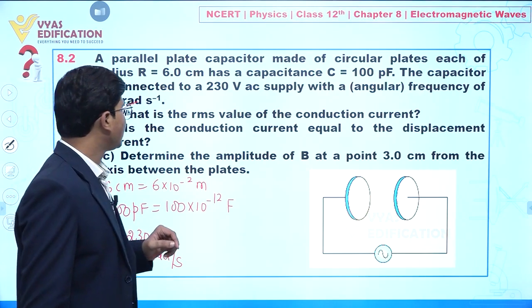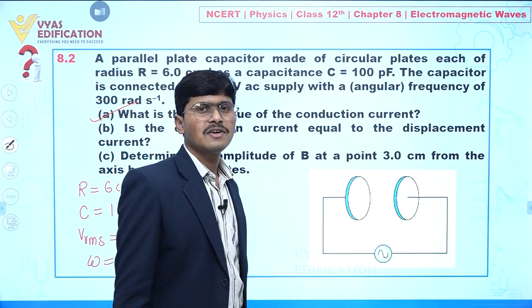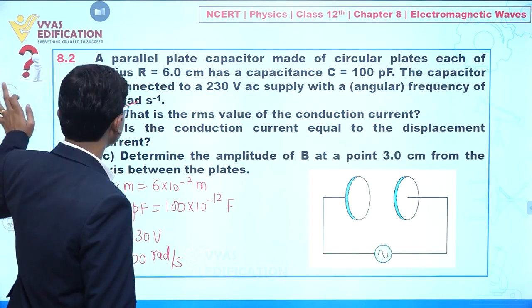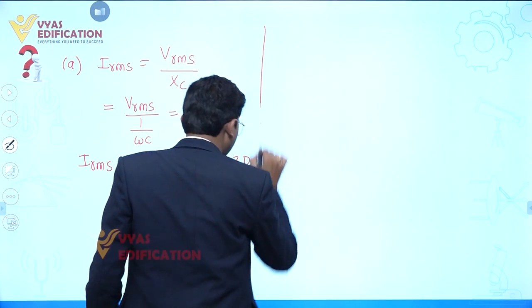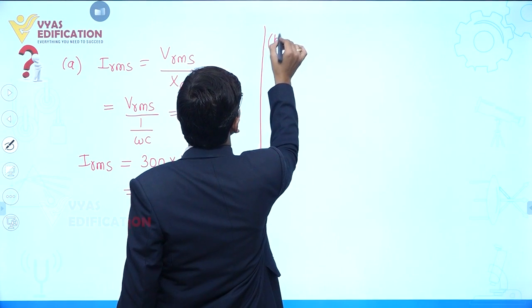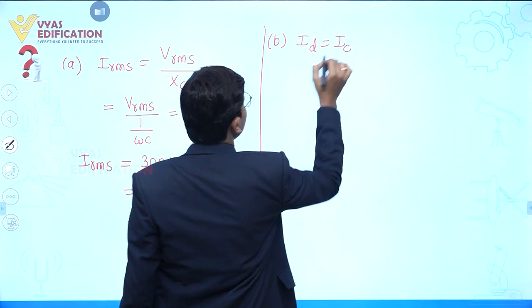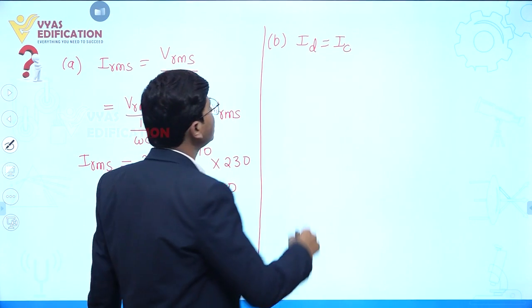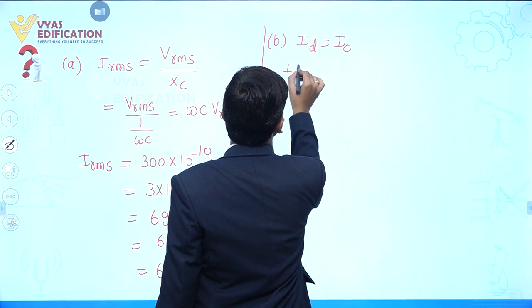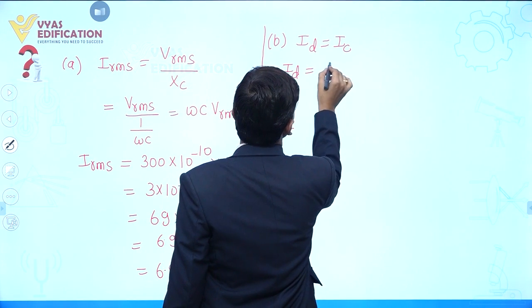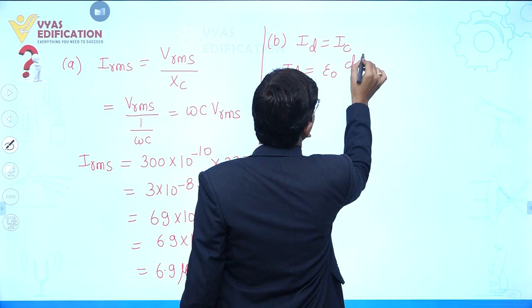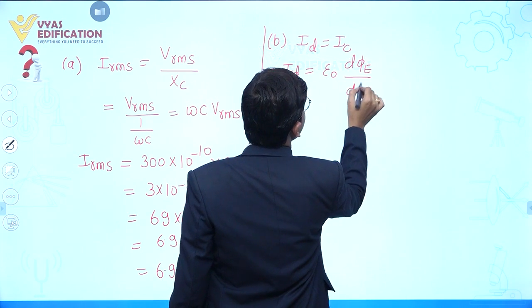In part B, it is asked whether the conduction current is equal to the displacement current. Yes, definitely I can say that the conduction current is equal to the displacement current. How can we say this? Actually there is one formula for displacement current. Displacement current is equal to epsilon naught d phi E by dt.